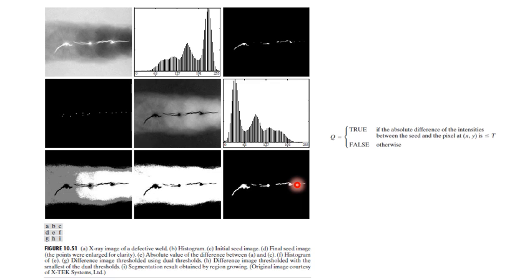If the predicate is true, it becomes part of the initial seed region from where we started; else it is discarded. We checked with dual threshold, which didn't work out, and with single threshold it worked. This is how we can use thresholding along with region growing to determine cracks in the X-ray image of a welded object.